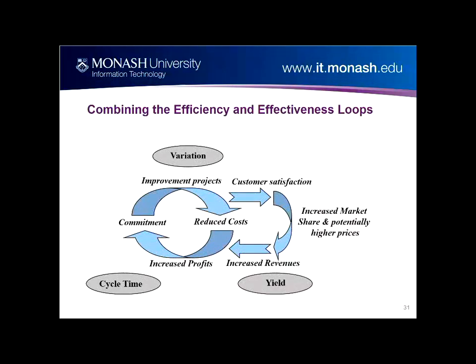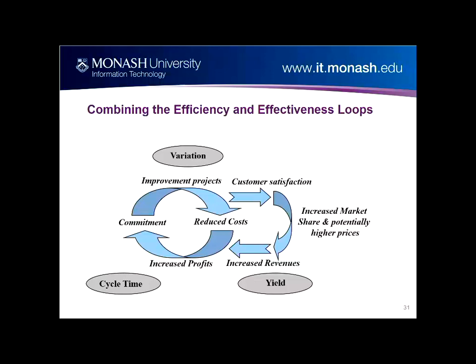So combining the efficiency and effectiveness loops, that is the combination. You reduce the cycle time, increase the profit, and then increase the revenue. Just now we had the efficiency loop, which did not have this part. We call that the Six Sigma efficiency loop.